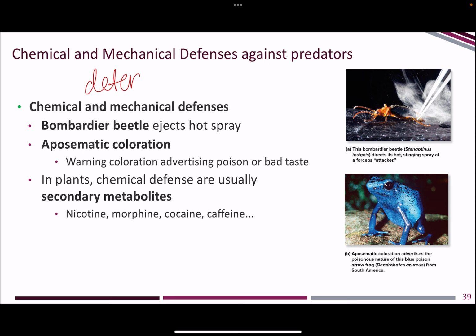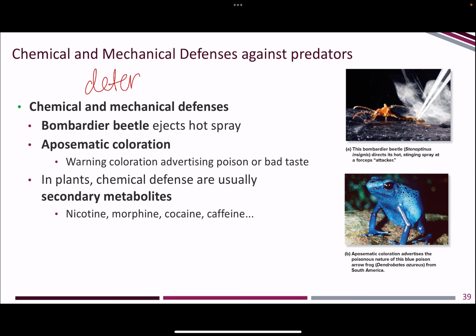We've also got this blue poison arrow frog. So these guys secrete poison through their skin. So if anything eats it, they're going to have the poison. So it acts as a deterrent. Along with that chemical defense, we actually have something called aposematic coloration.